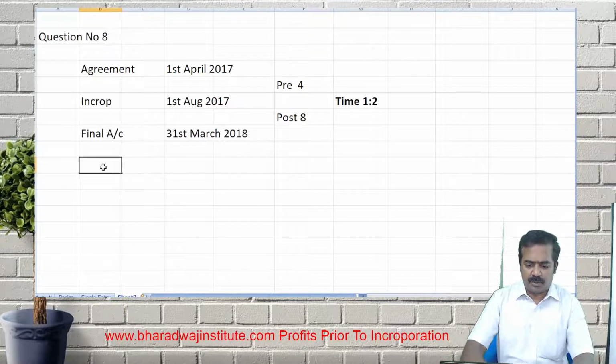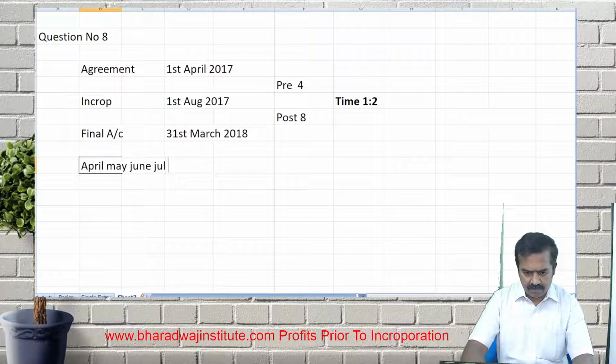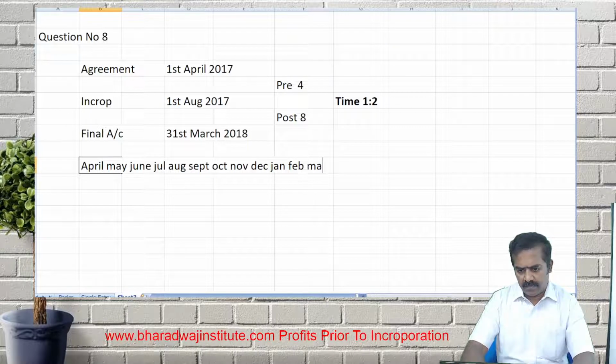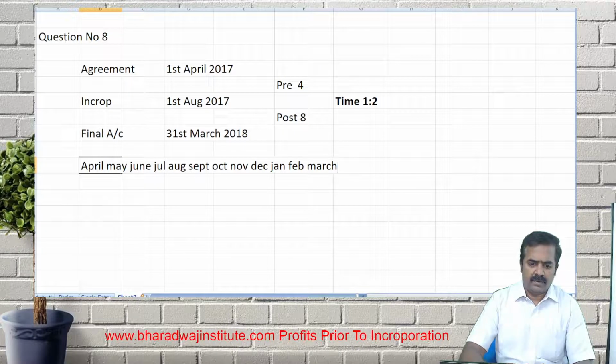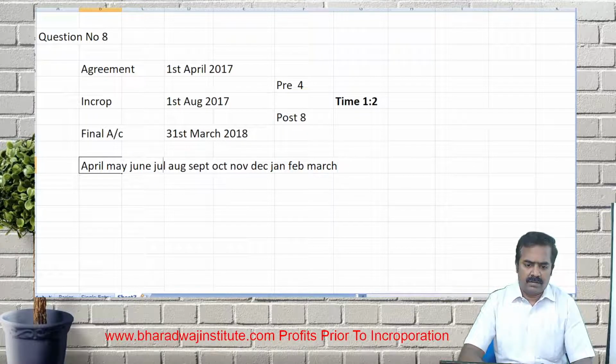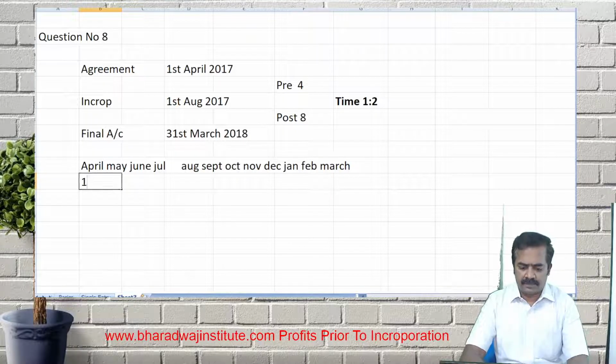Sales ratio we have to work out. Up to what date does it say? April 1x, May 1x, June 1x, July also 1x, August 1x, September also 1x.